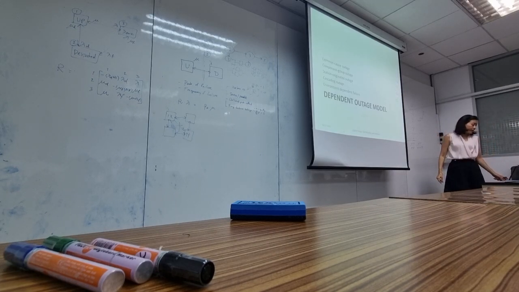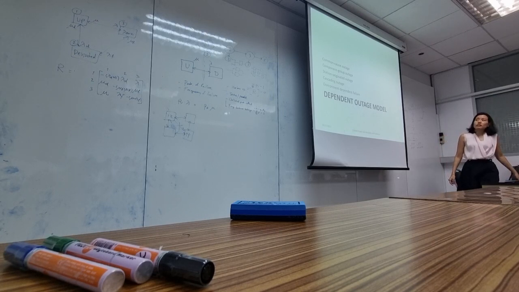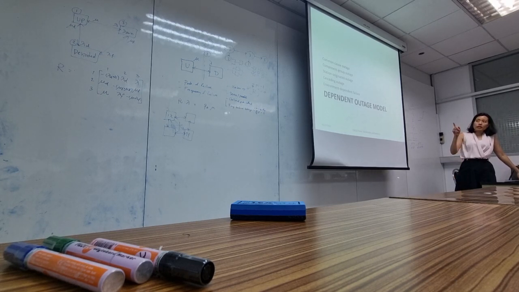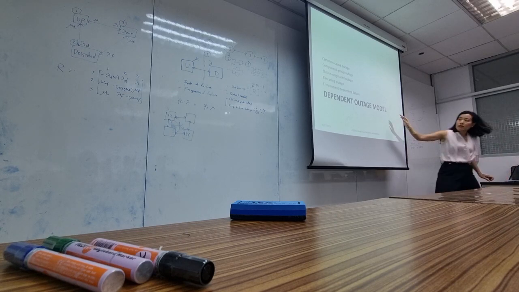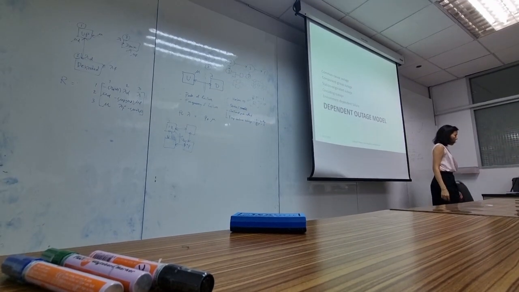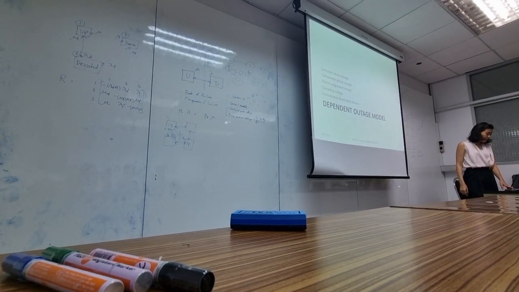When it comes to dependent outage, what causes it? You have what is called a common cause outage model, component group outage, a station originated outage, cascading outage, environment dependent failure. We'll spend more time on that environment dependent failure.